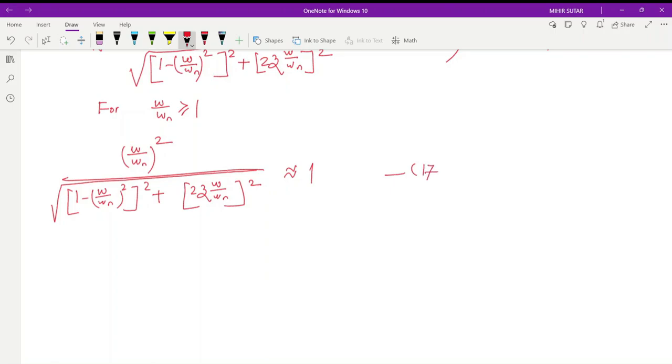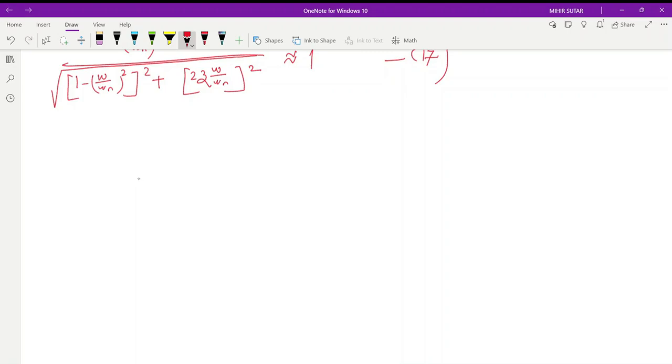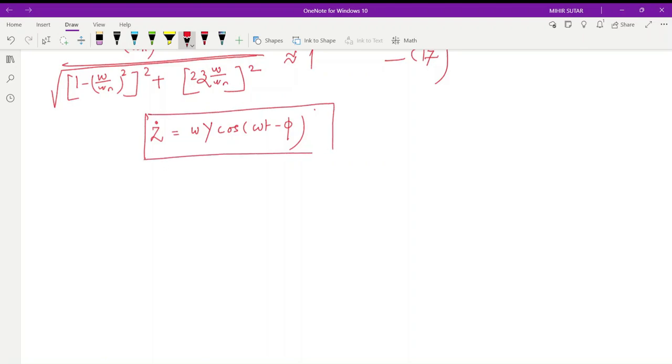Let's say this is equation 17. And the relative velocity equation, z dot, is omega Y cos (omega t minus phi). So from here we can find out the velocity by using velocity pickups. Let's say this is 18.